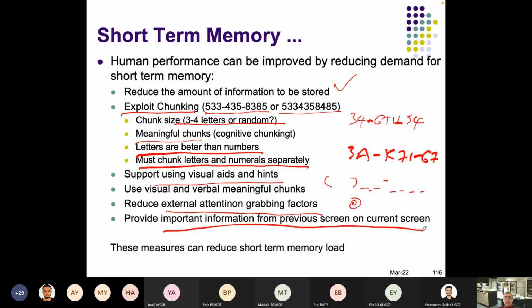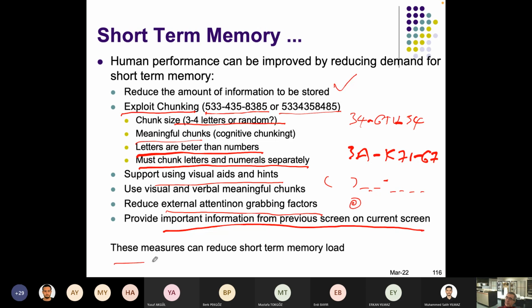If it is going to be remembered, if it is important, don't think that people have it automatically for the second time. Put it on the screen so that they will recognize it and they will use it.